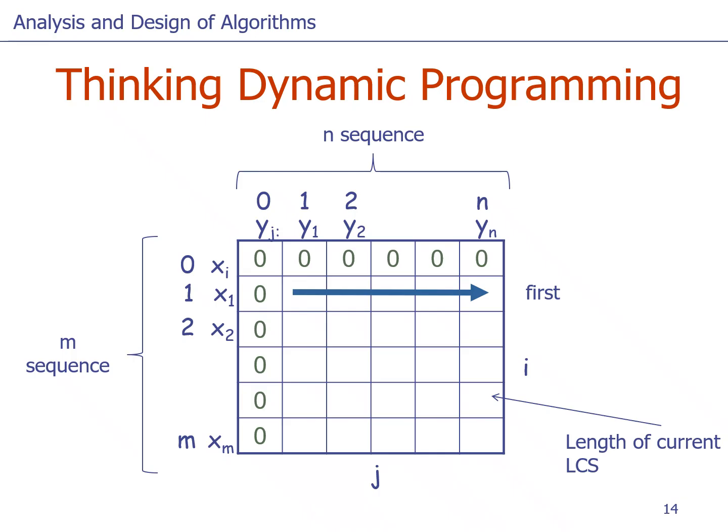So if one of them has 0 letters, then the length of the common subsequence is also 0. And the same applies in reverse. If the M sequence has 0 letters, regardless of whether the N sequence has 1 letter or 2 letters or N letters, the length of the common subsequence will always be 0, because there is nothing between them that is common. Okay, this is what the zeros here are referring to.